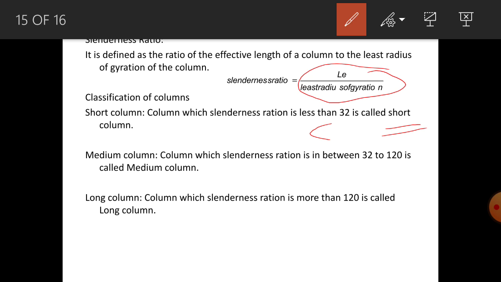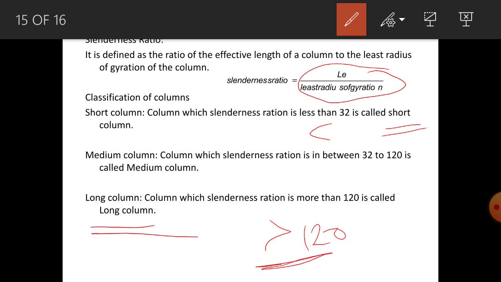Medium column: the column which has a slenderness ratio between 32 and 120. It has no units because it is a ratio. If the slenderness ratio is between 32 and 120, then it is called a medium column. And the long column: if the slenderness ratio is more than 120, it is called a long column.